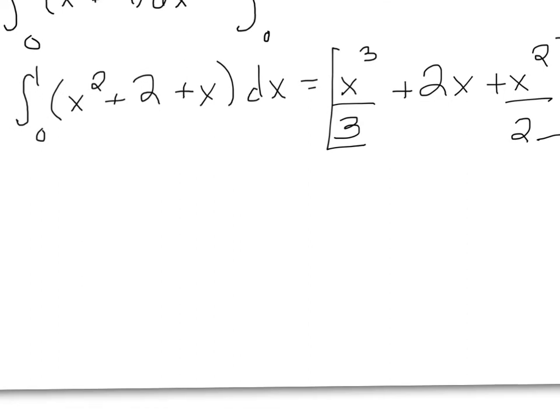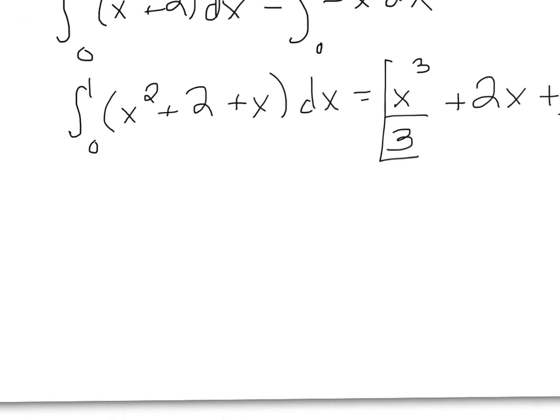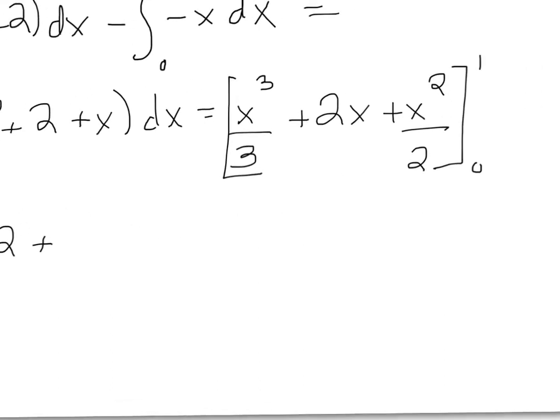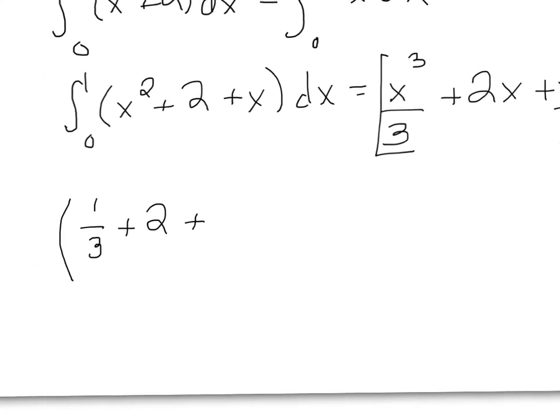And so let's see. All right, so that will give us 1/3 plus 2 plus 1/2 minus 0, just so we see where everything went. All right, and let's see, 1/3 plus 1/2, that's 5/6.